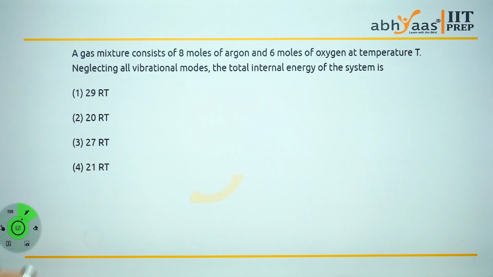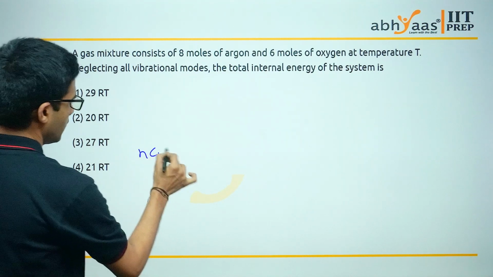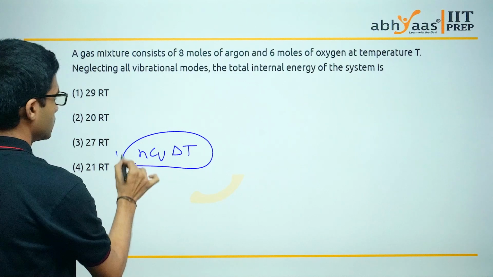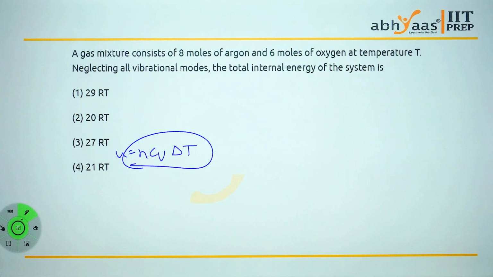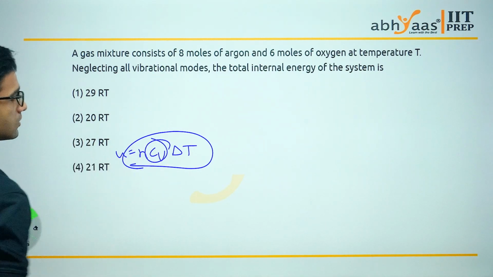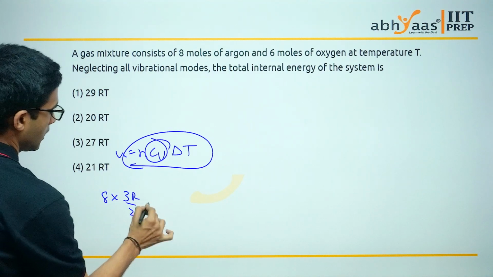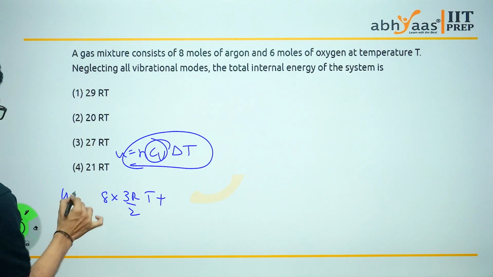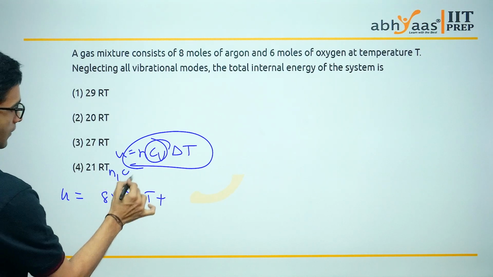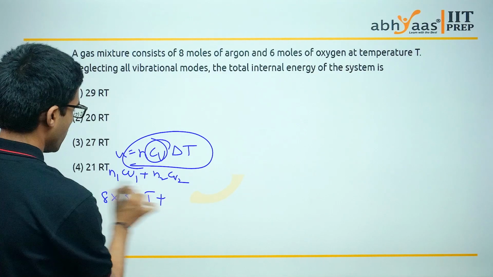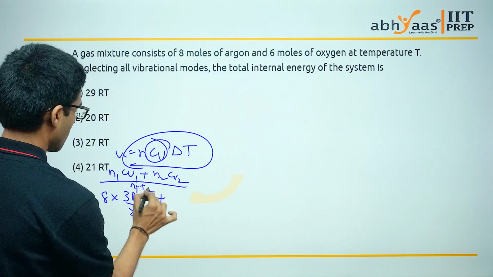Internal energy, you know, is U equal to N CV delta T. Since it is in terms of RT, we need to change CV. So U is equal to N1 CV1 plus N2 CV2 by N1 plus N2.